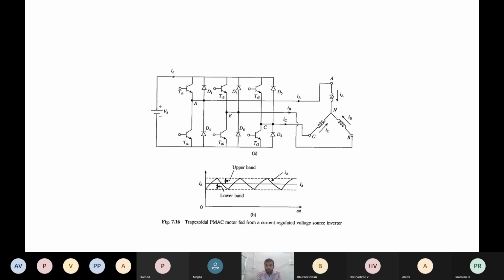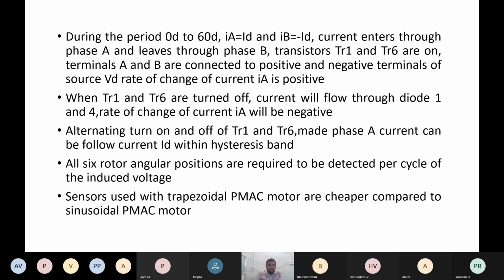So we are using this technology. Sensors are used with the brushless DC motors, which is cheaper compared to the sinusoidal PMAC motor. We are using sensors here in order to detect the position.